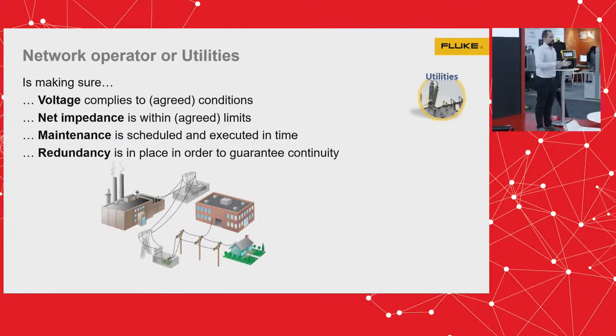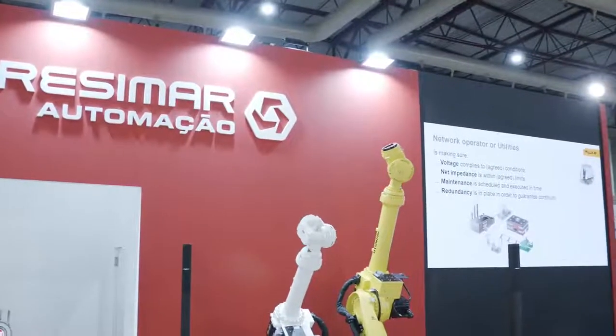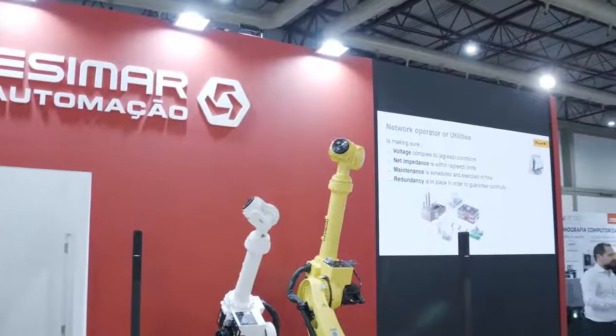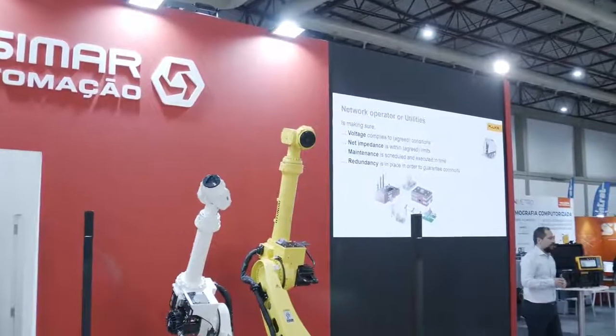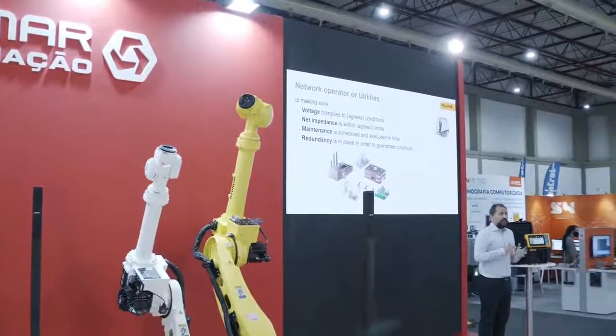They are focused on the voltage. Now, the other focus is making sure that the network impedance is as low as possible, because that means it's a safer network, and we will ensure that power quality is much better if we reduce the network impedance of the distribution network. That's the second focus.